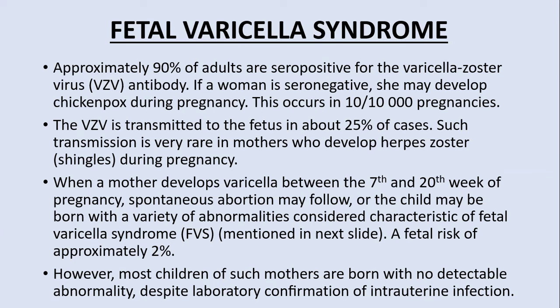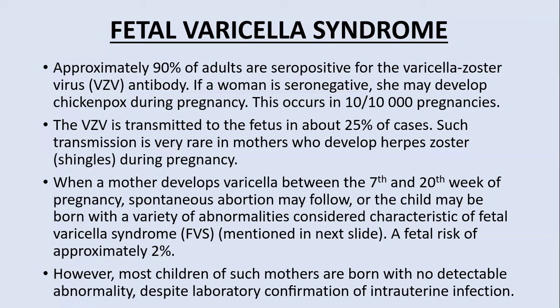When a mother develops varicella between the 7th and 20th week of pregnancy, a spontaneous abortion may occur and the child may be born with a variety of abnormalities, which is part of fetal varicella syndrome. The fetal risk is now 2%.